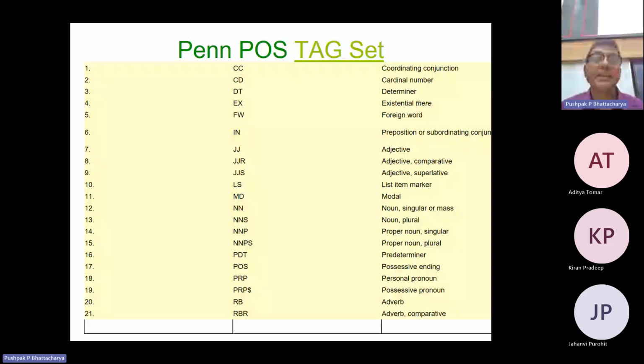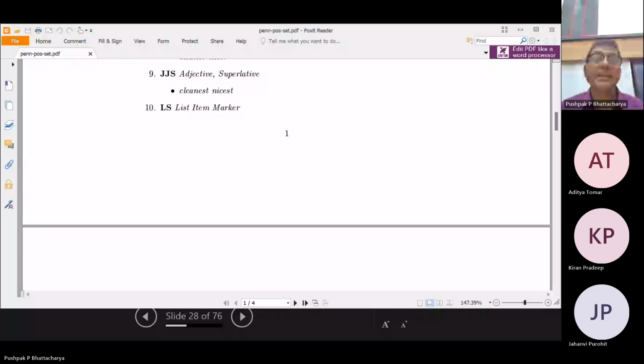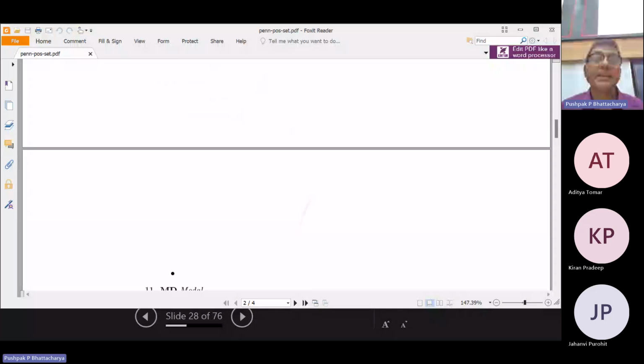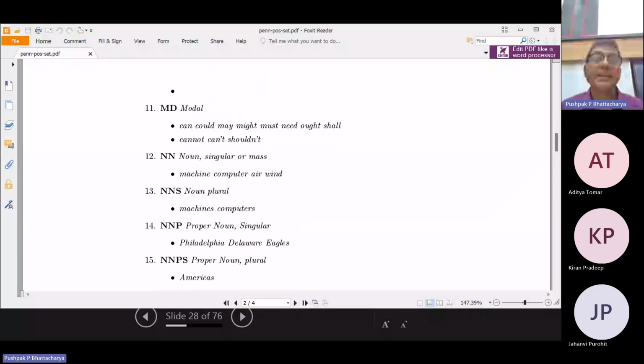They don't get CD, cardinal. They get a tag of LS, the list elements. Then MD is modal. I can go. What is the part of speech of can? I could have gone. What is the part of speech of could? NNS is plural noun. NNP is proper noun. NNPS is proper noun in plural, like Americas, for example, and so on.